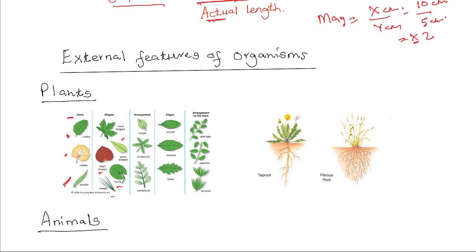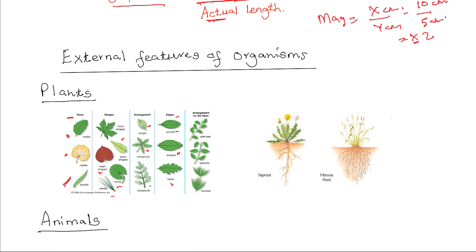Arrangement on the stem. There are those leaves that are arranged in a circle around the stem, so they're said to be whorled. There are those that are simple. Then there are those that are compound. We can look at the leaf margin. It can either be smooth or toothed or lobed.